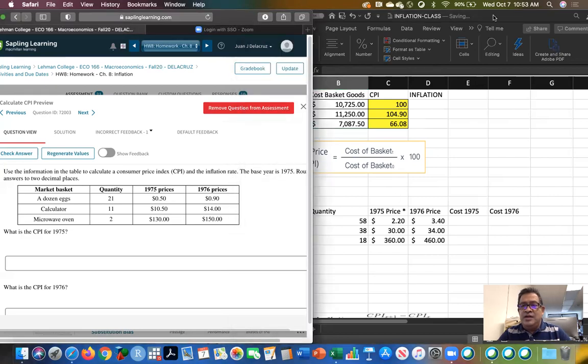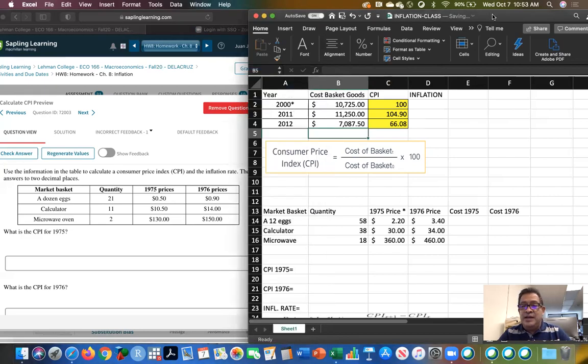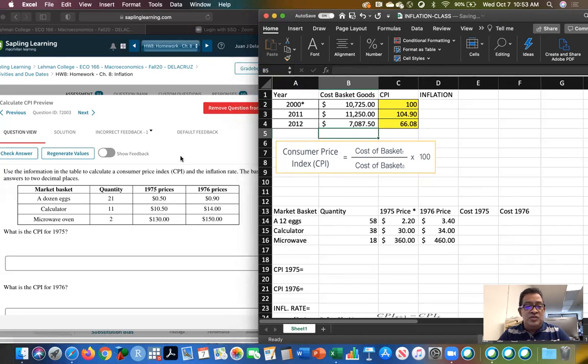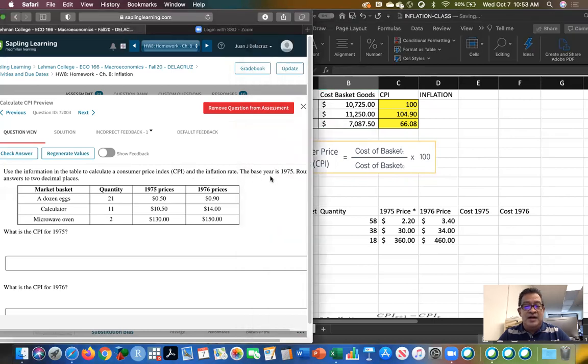exercise. So in the second case, we have: use the information in the table to calculate the consumer price index and the inflation rate. So based on the base year, the base year is 1975. So we are gonna assume that this is the base year, and then round answers to 2 decimals. So what do we have here?